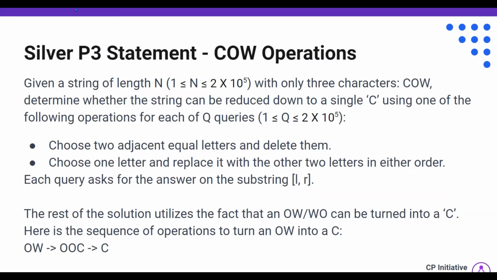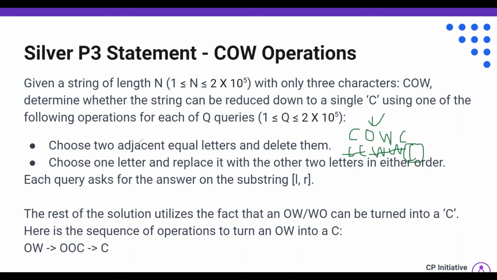So for example, you might have a string like COWC, and over here you can change this to a CW, and then WC, and now you can delete these 2, and you're left with a C here.